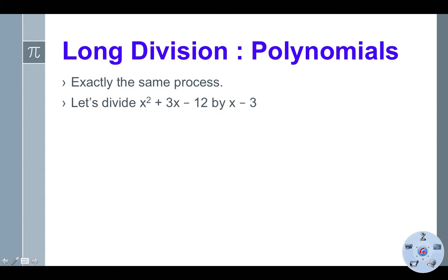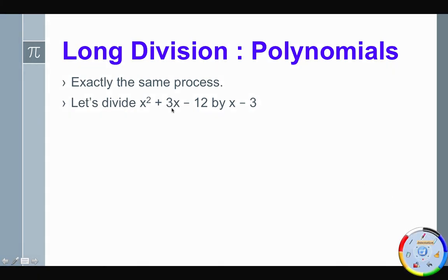So same idea, slightly different look. We're going to say it's x minus 3 because that's the thing we are dividing by. It goes outside the box. And then in this case, x squared plus 3x minus 12.